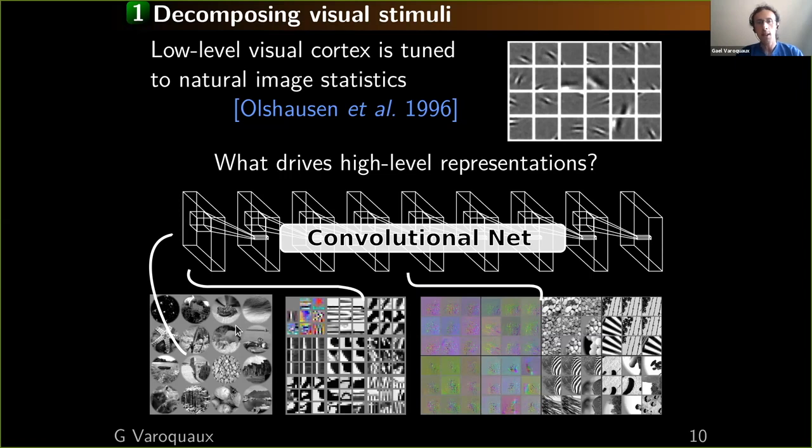I have an input, and the first layer is basically some form of edge detector, a Gabor filter. And then on top of this, I'm building a more complex transformation, and I'm detecting it. And again, and again, and again.